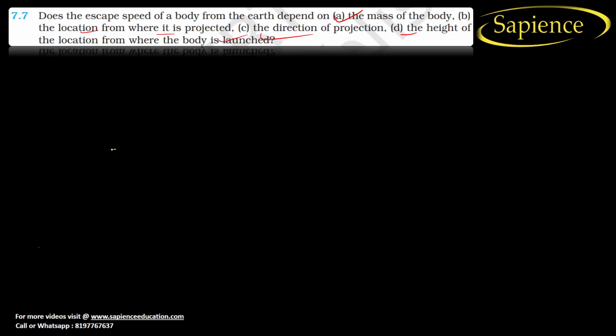Let us consider this is the Earth and there is an object placed on the Earth. So the potential energy of the Earth is G M m by r, and this will be negative.